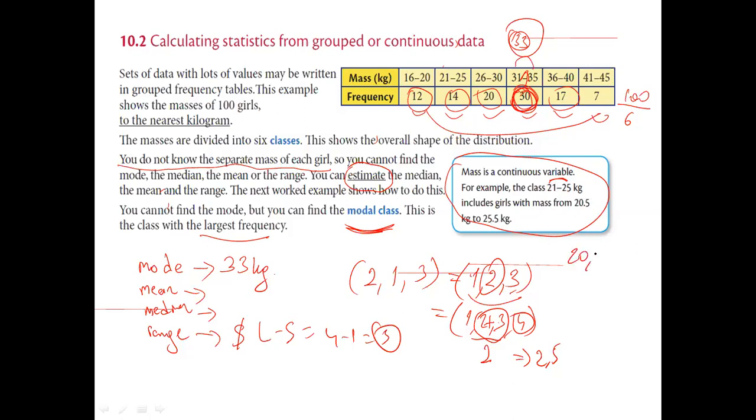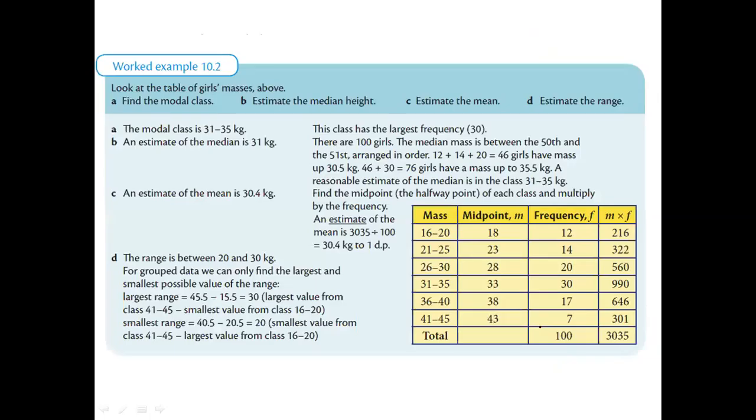Because 20.5 rounds to 21, and 25.5 is the boundary with 26. With the examples we will see it well.